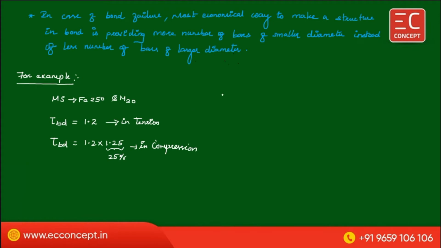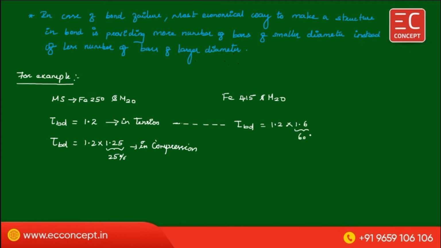Now the same bar, Fe 450. That is a deformed bar and M20 concrete. And this will be increased now. The same tension, tau BD, we are using this bar in the tension zone. Okay, and the tau BD of mild steel will be increased by 60%. That is 1.6.